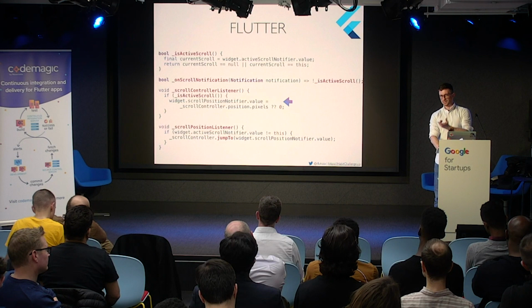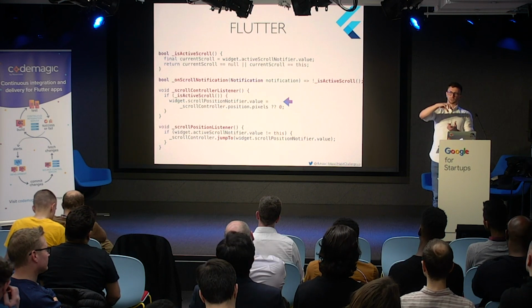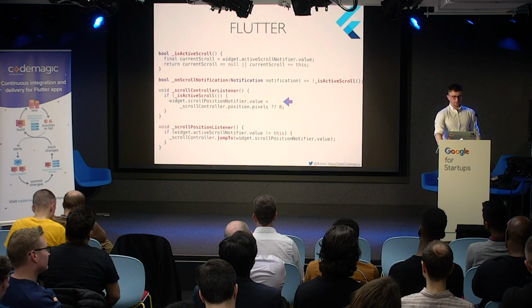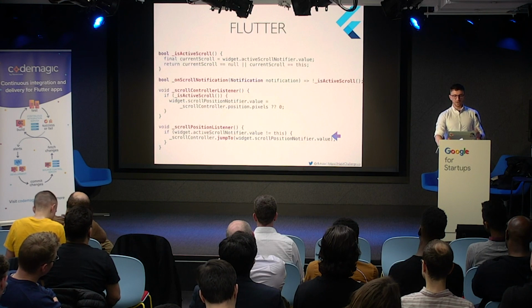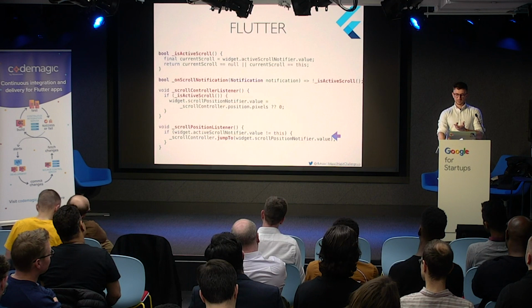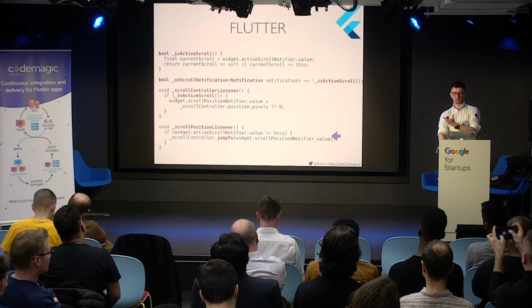If we are active, then we are getting the position of our scroll controller and sending it into the scroll notifier. And the final handler, whenever we are in an inactive list, so in a follower, we are just jumping to a given value from the notification.